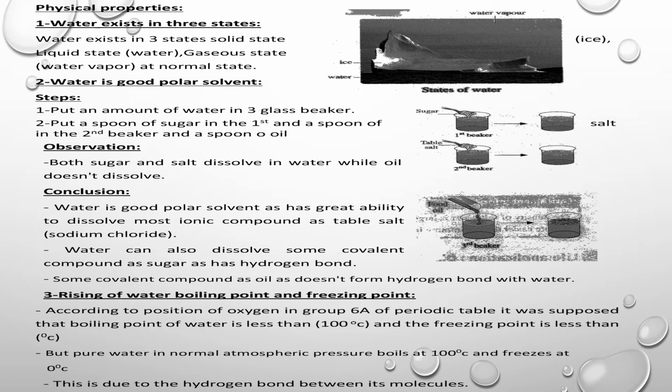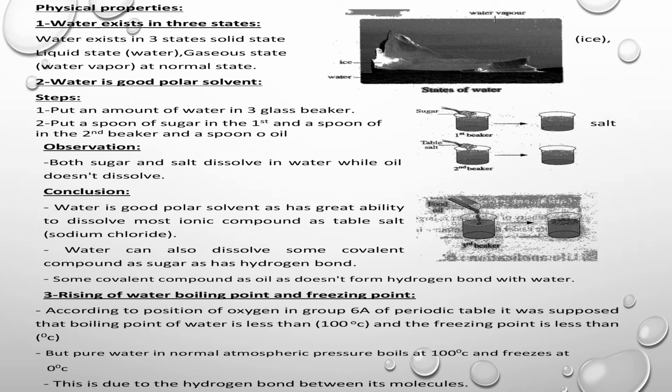Number three, raising the water boiling point and the freezing point. We know that water boils at 100 degrees Celsius and freezes at 0 degrees Celsius. According to the position of oxygen in group 6A in the modern periodic table, it's supposed that the boiling point of water is less than 100 and the freezing point is less than 0.